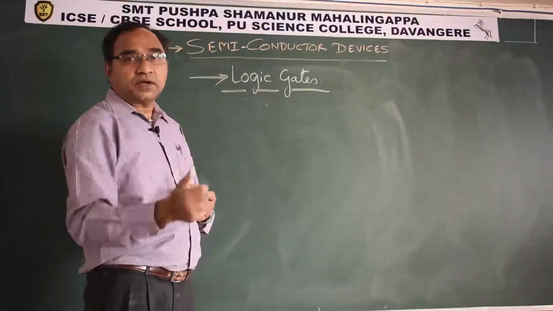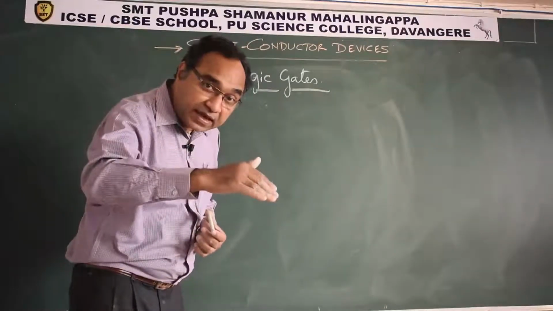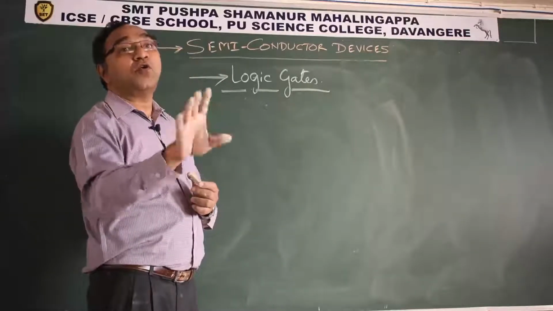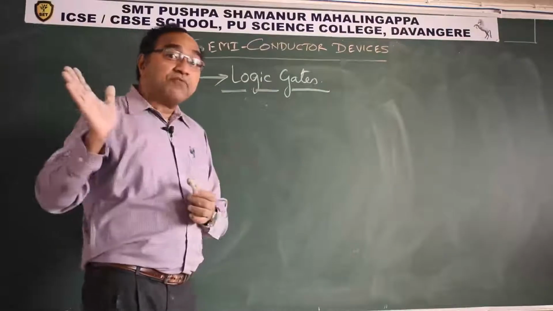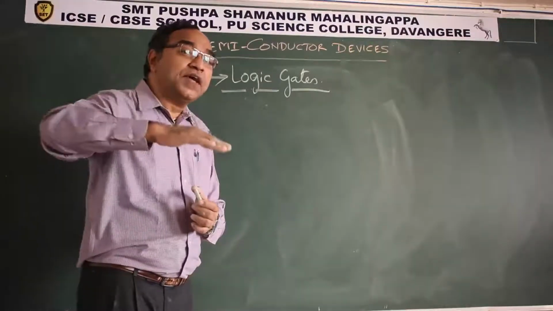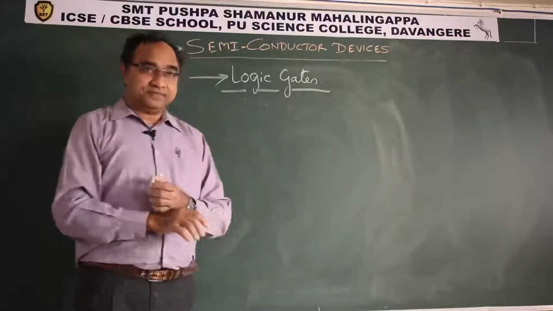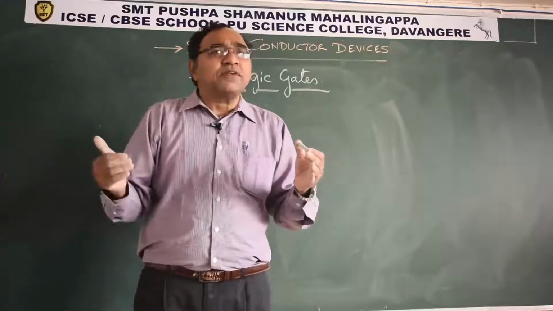See, there is a logic. What is the logic? If power supply is there, no output. It will not glow. If our power supply is not there, give output. See, a logical statement. The statement is: is there a power supply?